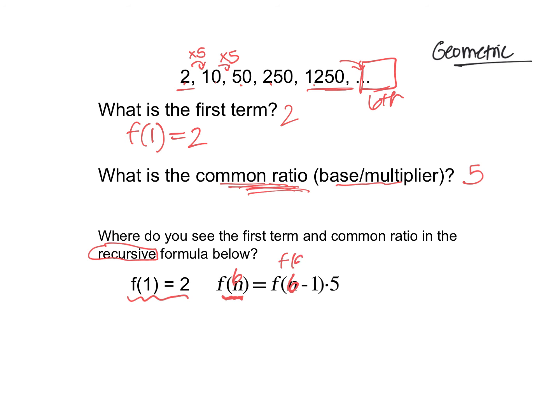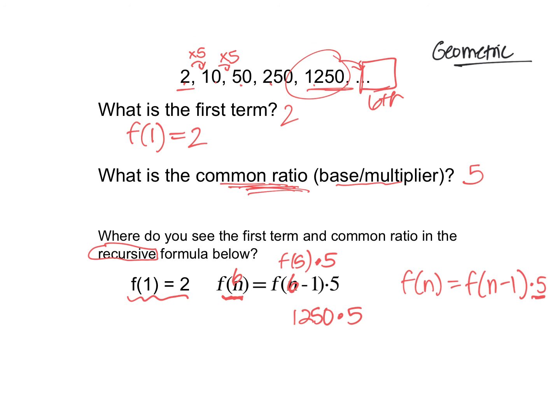I would do the 5th term, whatever that is, times 5. That makes sense. I would do 1250, because that's what the 5th term is, times 5, and that would give me the 6th term. So this is the recursive rule for a geometric sequence. You may want to put this in your notes eventually. It's not always times 5, but it's times whatever the multiplier or base is.